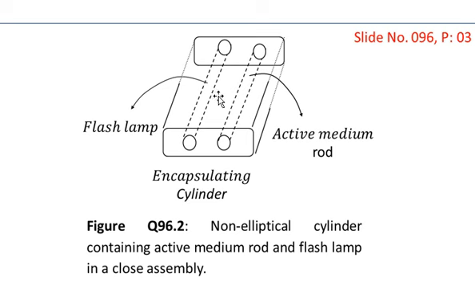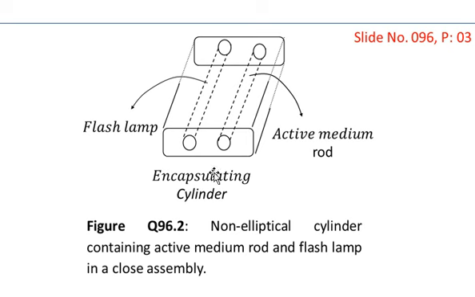So the flash lamp and the active medium are placed very close to each other, and they need not be placed on the foci of the cylinder, because here we are not putting any constraint on the encapsulating cylinder. So this geometry could be placed in any container. For example, you can look at the shape of this container. It is not of cylindrical type. That is, the cross section is not cylindrical. So you can say that this is a non-encapsulating cylinder.